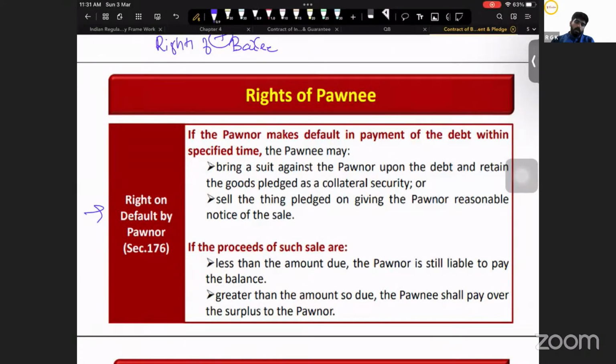If the owner makes default in payment of debt within the specified time, the pawnee may bring a suit against the pawner upon the debt and retain the goods as collateral security.